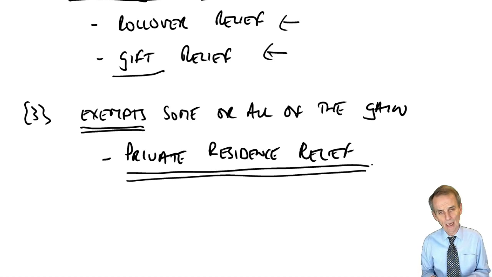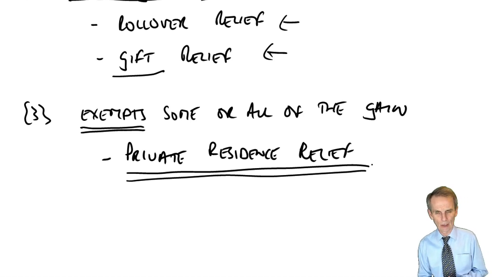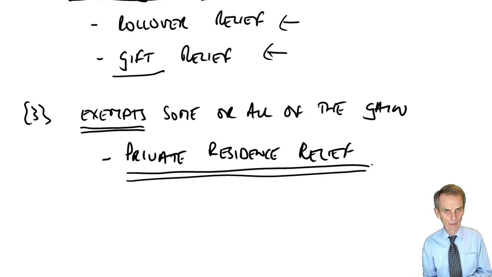But if this issue gets tested in an exam question that you've got to deal with, what you'll discover is that not all of the period of ownership of that private residence will qualify for relief. There will be reasons why certain periods, usually, of course, periods of absence from the property, will not qualify for private residence relief.